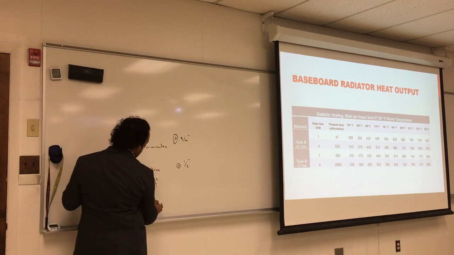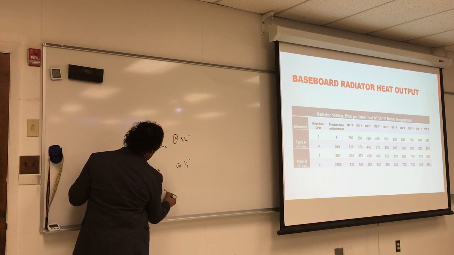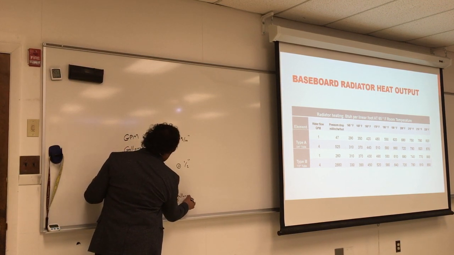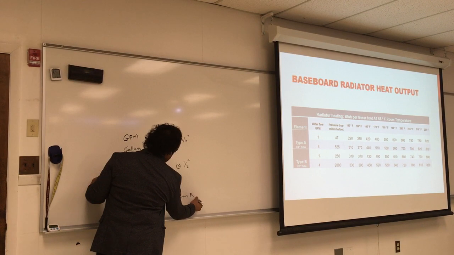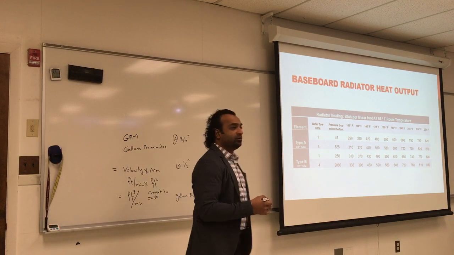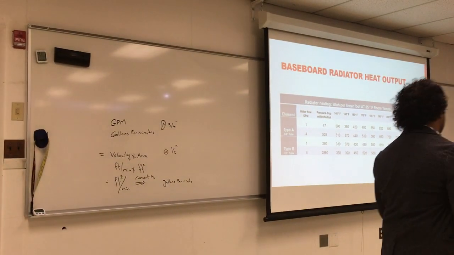And you can convert that to gallon per minute. So if you convert one cubic foot to a gallon, I think it's 7.48.